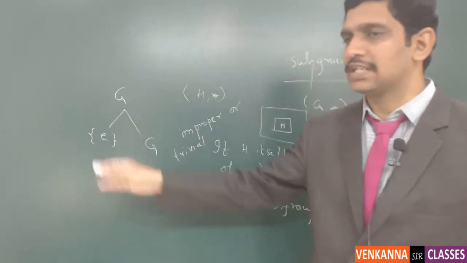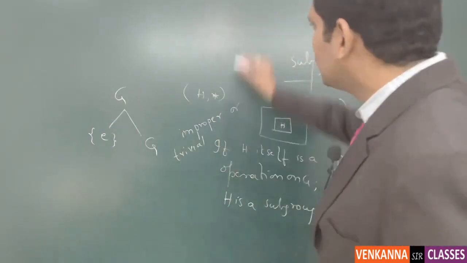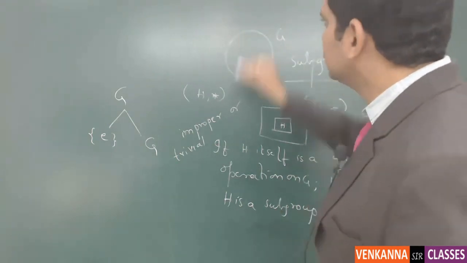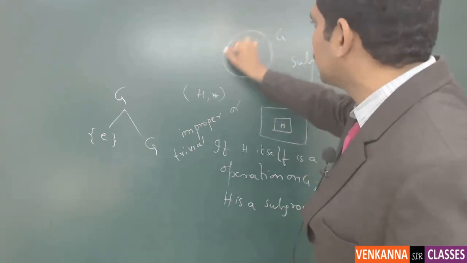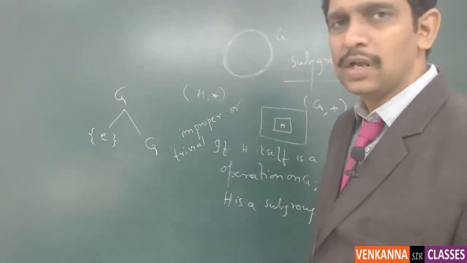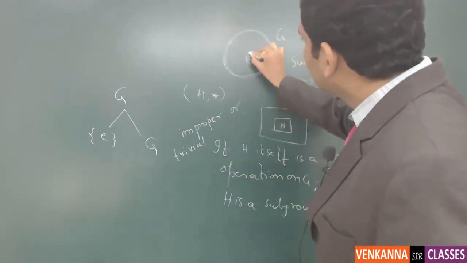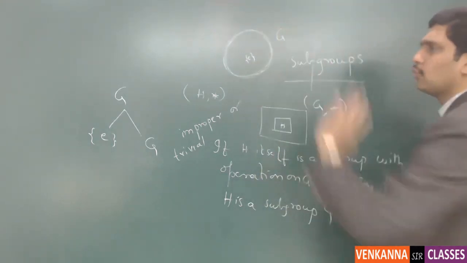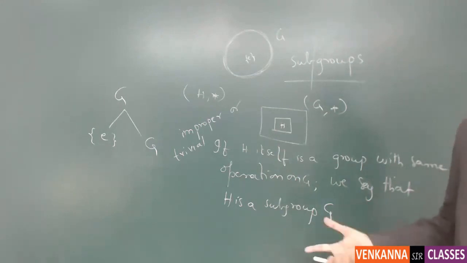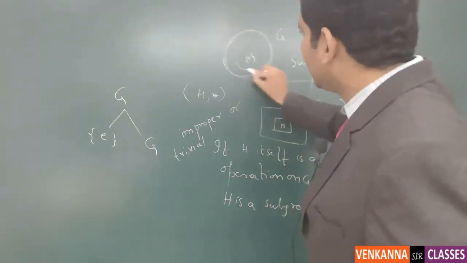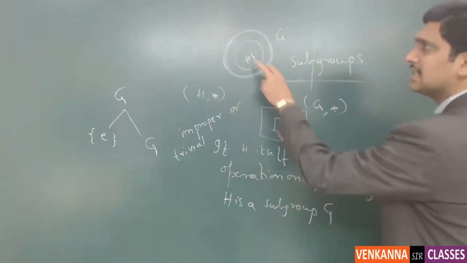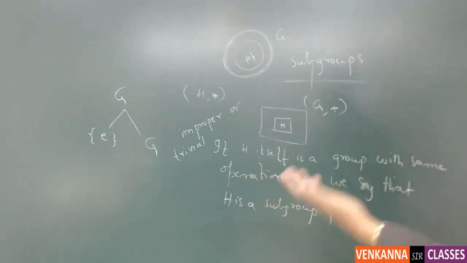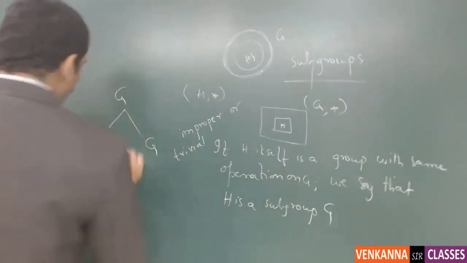They usually exist. So if we have a diagram for our understanding, if you take G itself a subgroup, that is one, and the single element set identity is a subgroup of G. Apart from this, if you take any subset which is bigger than this, smaller than G, that is also a subgroup, that we call a proper subgroup.